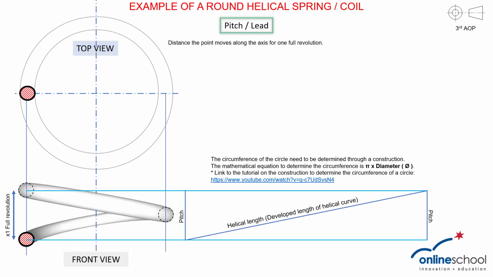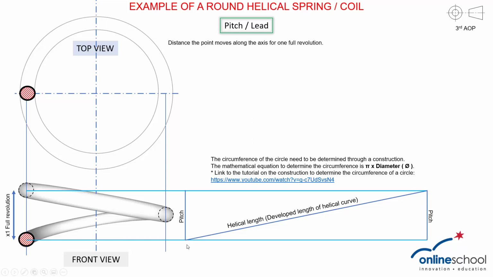In this illustration we see the top view and the front view of 1 full revolution of the coil spring. At the bottom right we see an illustration of how we're going to calculate the full revolution of the coil spring.